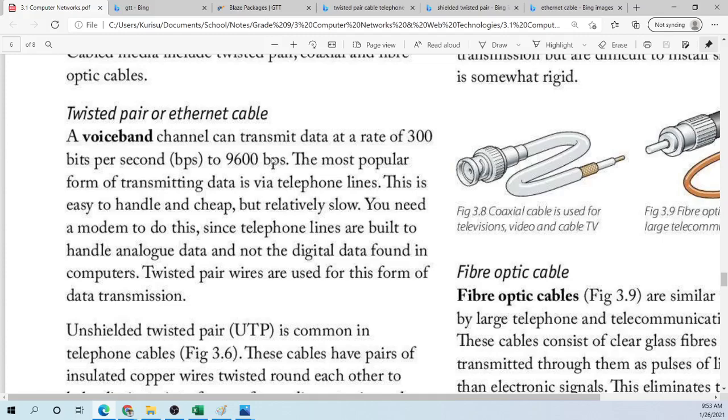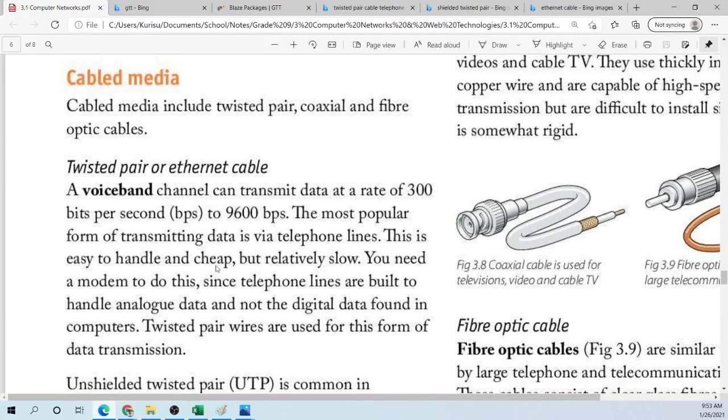And notice that is bits, not kilobits, not megabits. That is just bits. So that is relatively slow for the data that we would want to share over the network. But that is only for voice.